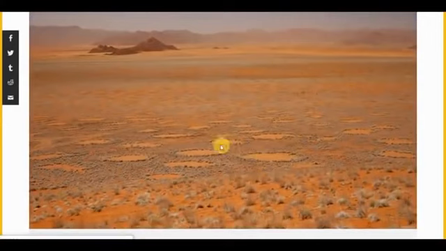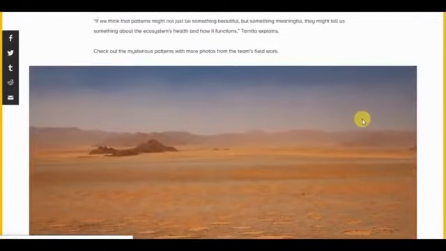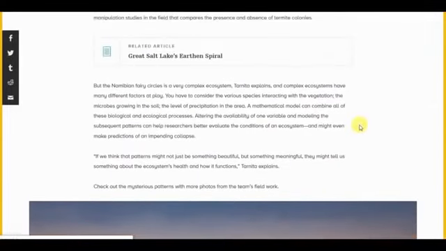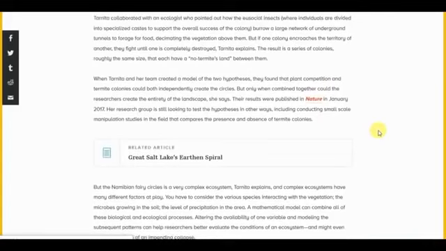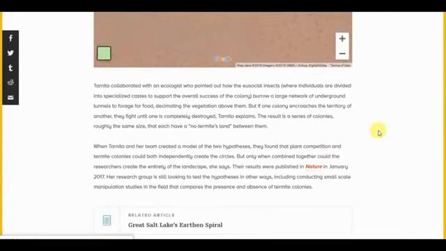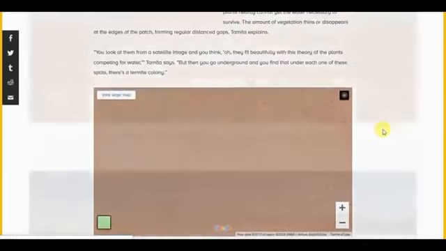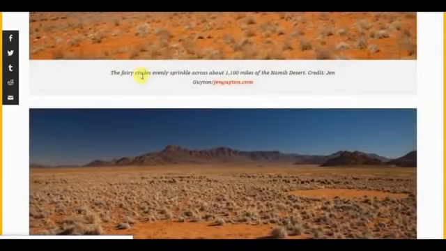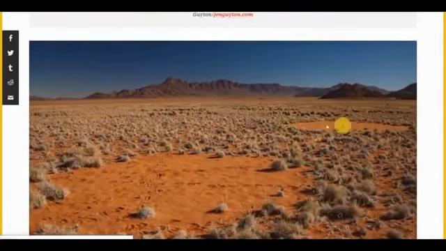And there are just all of these circles that are in clusters, and I believe it is over 1,100 miles. Yeah, the fairy circles are evenly sprinkled across 1,100 miles in the Namibian desert. All of these circles.